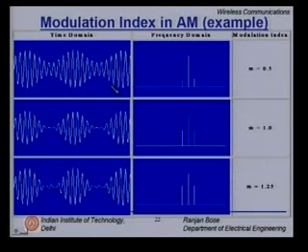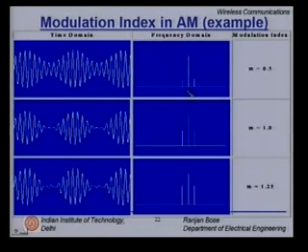Let us look at an example where we have different kinds of amplitude modulated signals with respect to the modulation index. The rightmost column represents the modulation index. The first one is for m equal to 0.5 or 50%. Here you can see that there is a carrier and the message signal modulates the carrier.